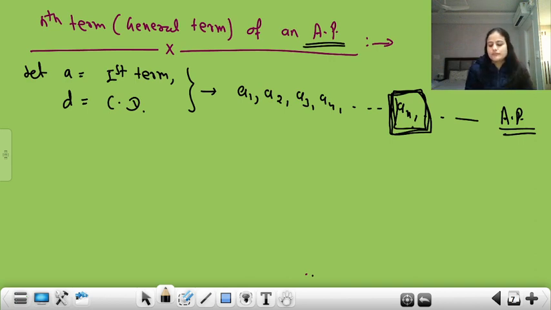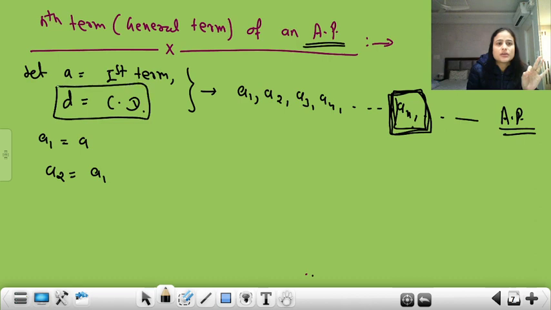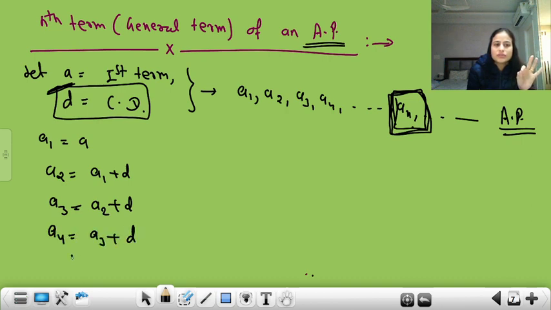Look, here a1 is nothing but the first term, so a1 is a. To get a2, take the previous term, which is a1, and add a definite quantity, and that definite quantity is nothing but the common difference, so add this d. To get a3, take a2 and add this definite quantity d. To get a4, take a3 and add d, and so on.